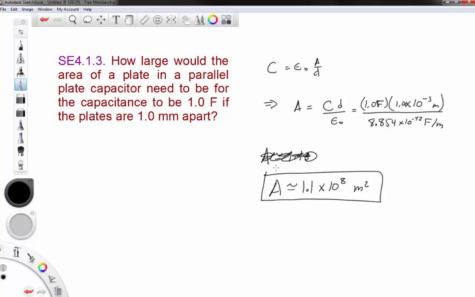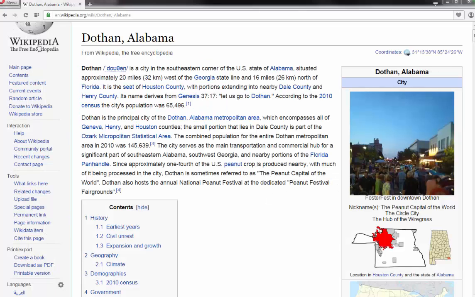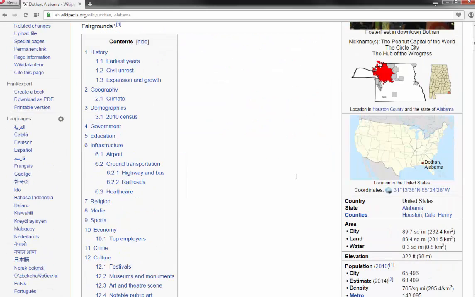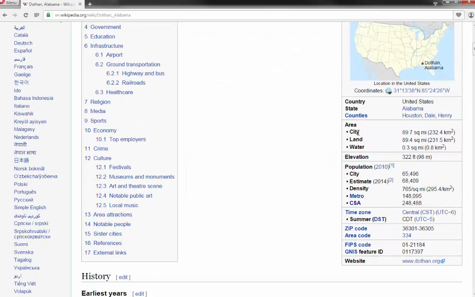And just as a fun kind of aside for comparison, I've pulled up the Wikipedia page on Dothan, Alabama. Now you may be wondering, what the heck does Dothan, Alabama have to do with capacitors? Well, let's scroll on down here, and you can see what the city's land area is here.